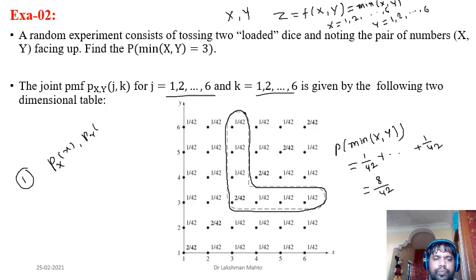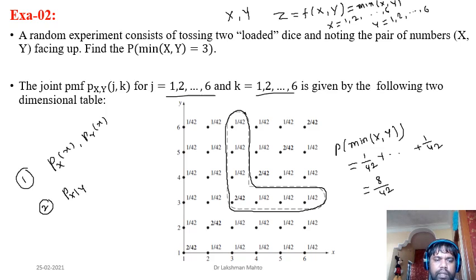Then find the conditional PMF of x given y, followed by the conditional PMF of y given x. So you have to find both the marginal PMF and the conditional PMF.